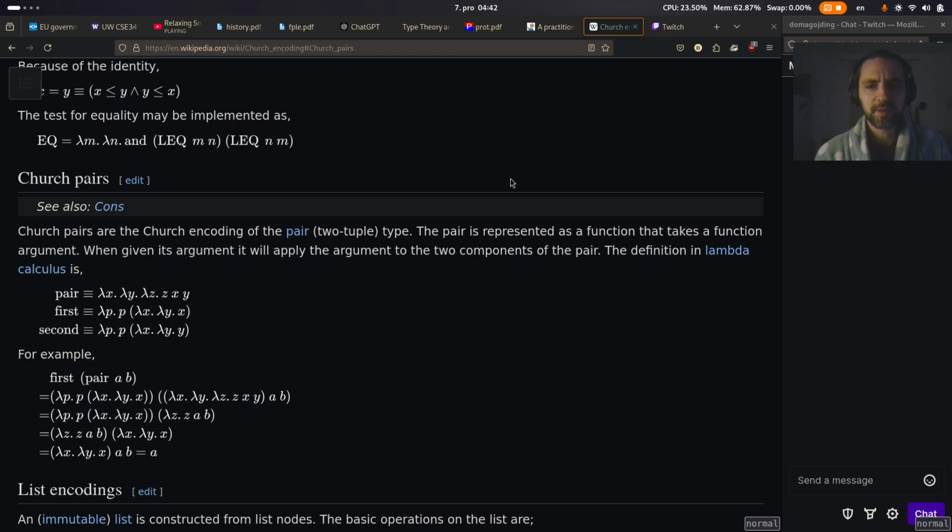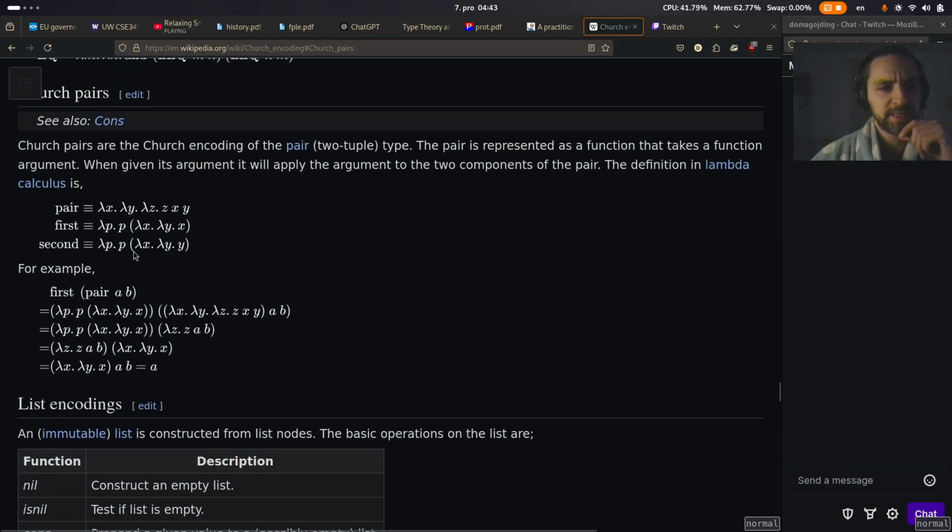So it's like you read this and you get it, but the pair here actually is defined a bit differently. Lambda x. Oh, okay, well, no, it's not. Wait, lambda x, lambda y, lambda z. Okay, we have a z instead of f.